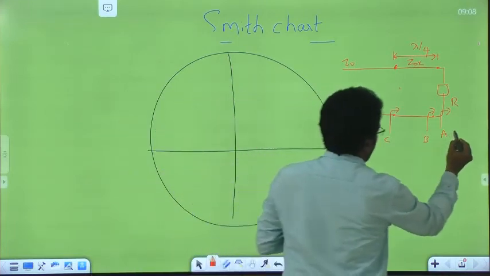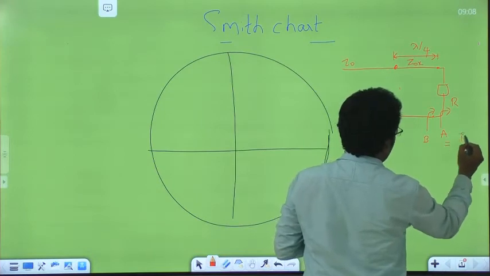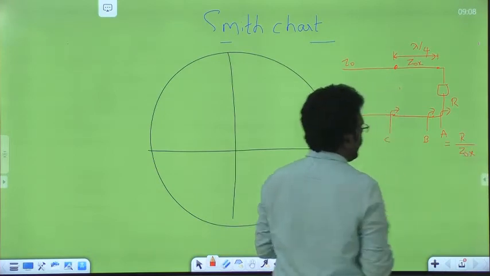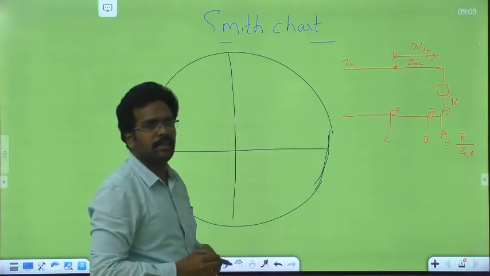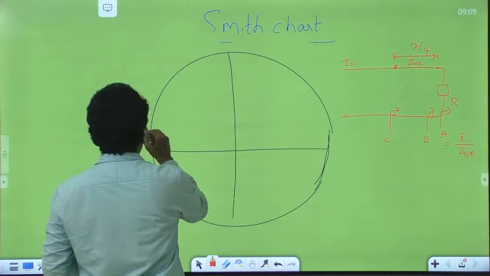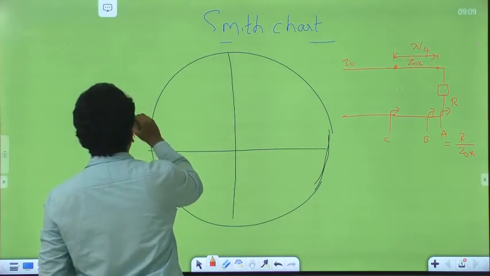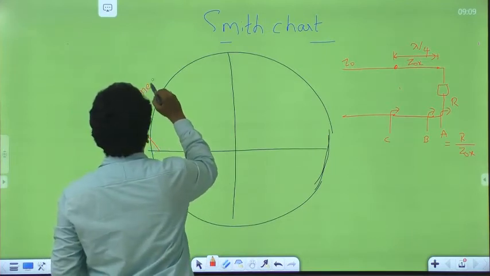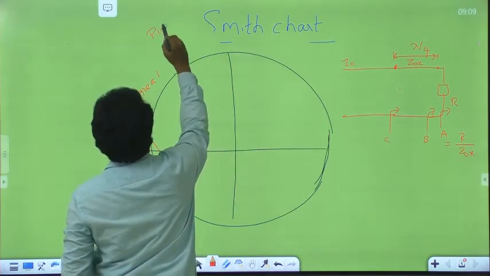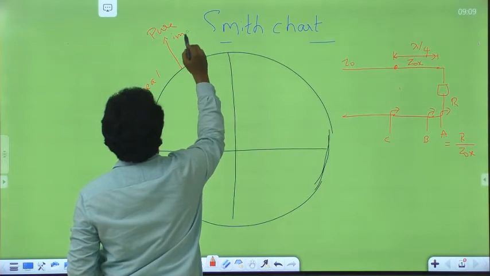Okay. So what is the value here? The impedance at this point is how much? This is R by Z0X. So where does this point lie? Already we discussed this point. This contains only pure real values, and the outermost circle is pure imaginary.